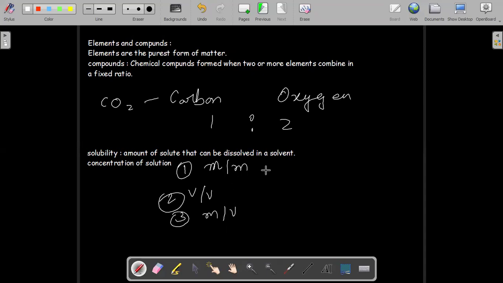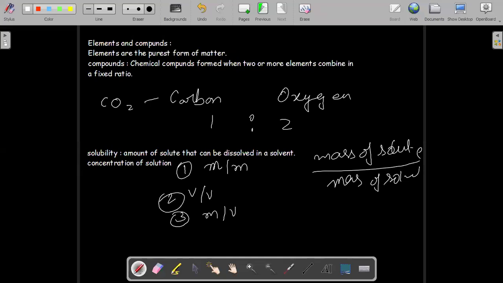For the mass by mass method, the formula is mass of solute divided by mass of solution, multiplied by 100. This gives us the mass by mass percentage of the solute.